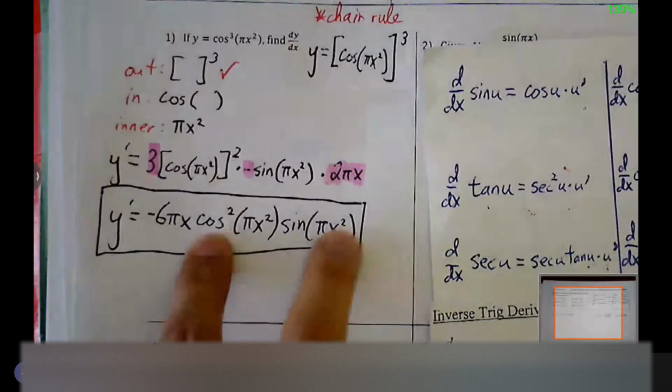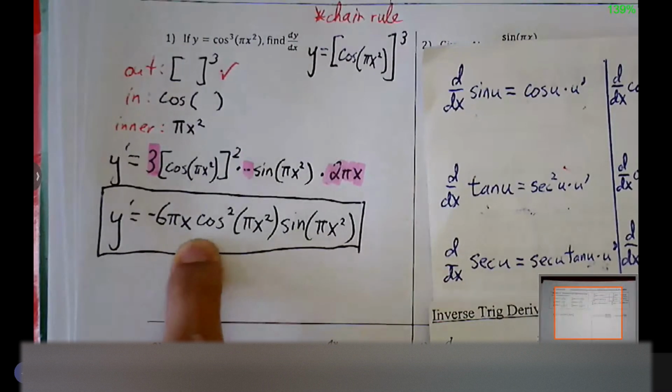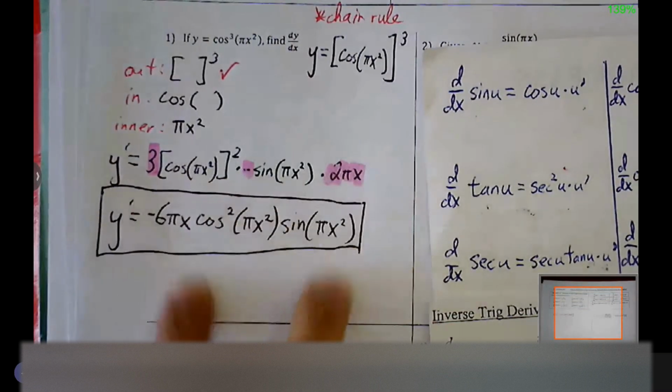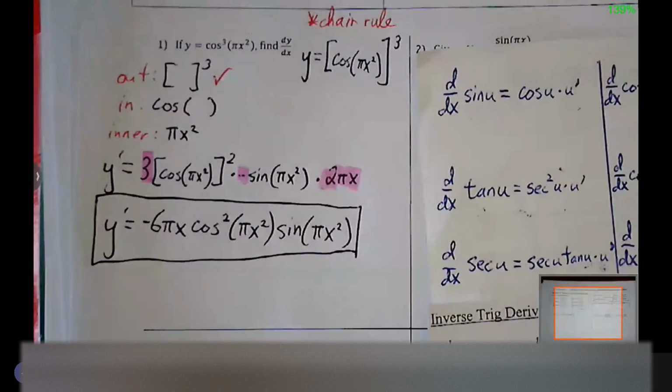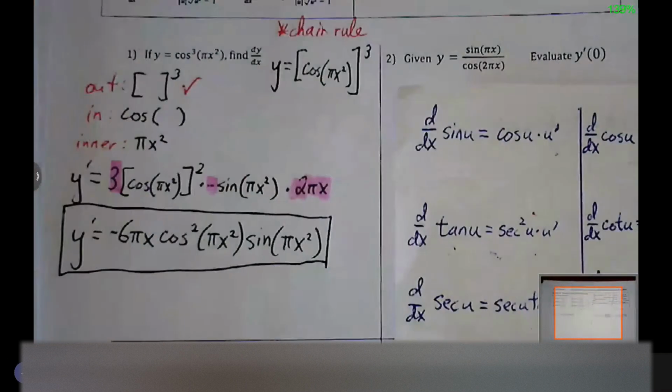I just want you to know what the cleaned up version looks like for if this shows up on the final exam multiple choice or AP exam multiple choice. Your answer choice will look like that. But on the quiz tomorrow, you can leave it in this form. All right, any questions with chain rule and the process there?